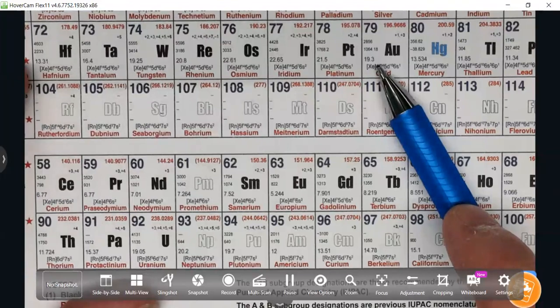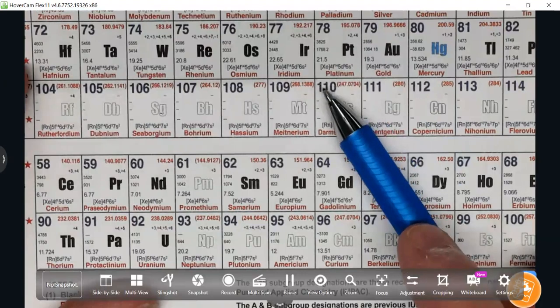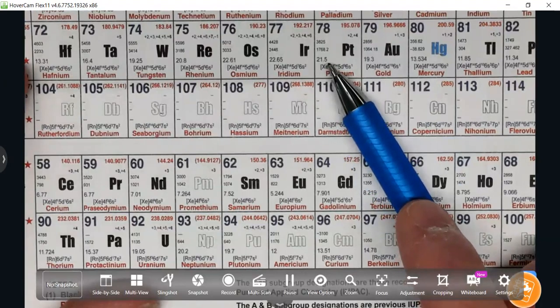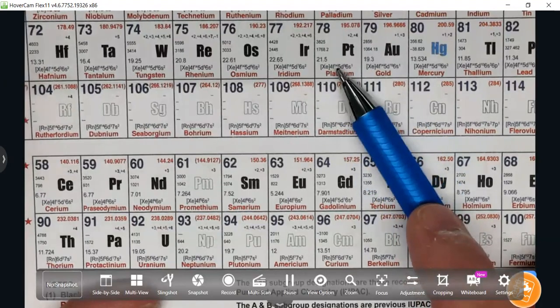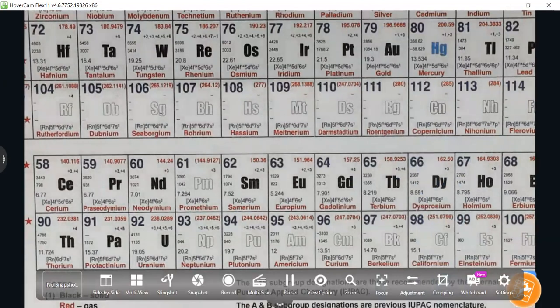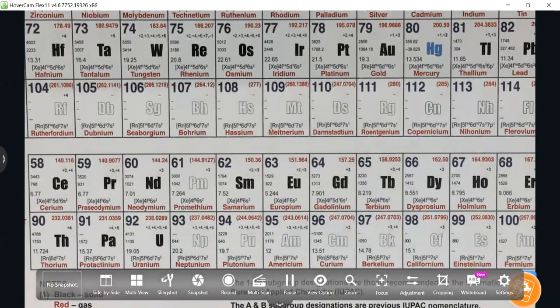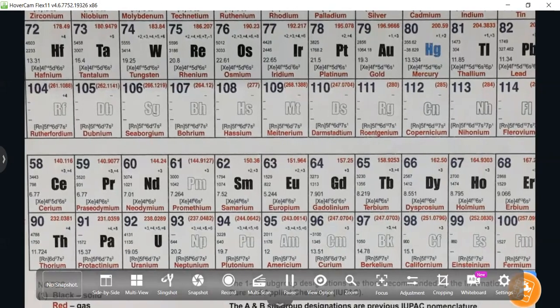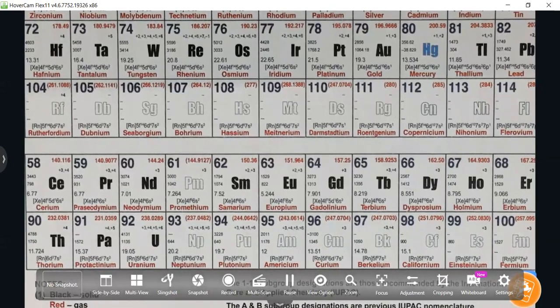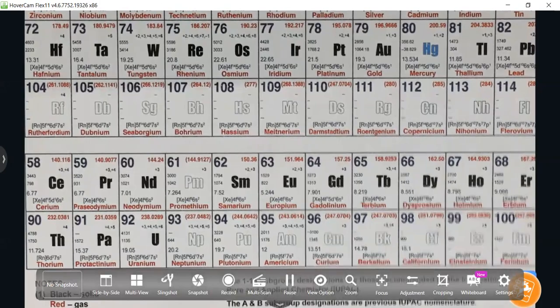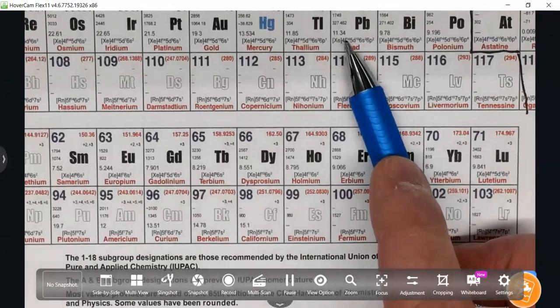And if we go to the left, you can actually see 21.5 for platinum. Gold, platinum, pretty heavy. You may think, well, lead's pretty heavy. And lead's not even close to being that heavy. Okay, lead here at 11.34.